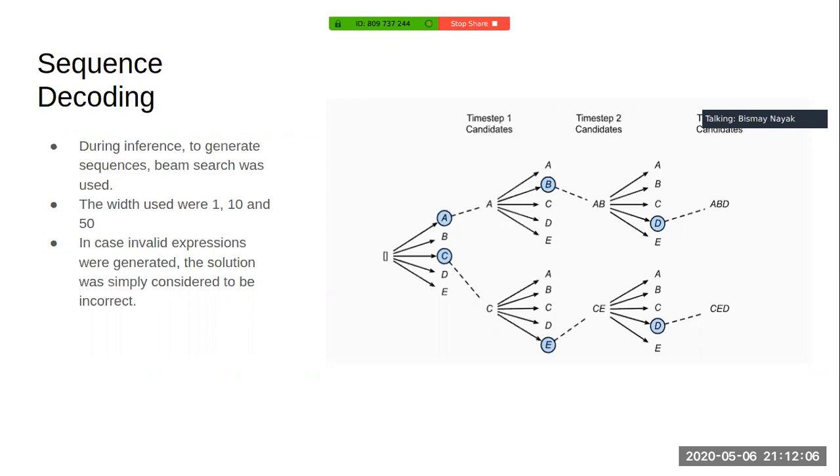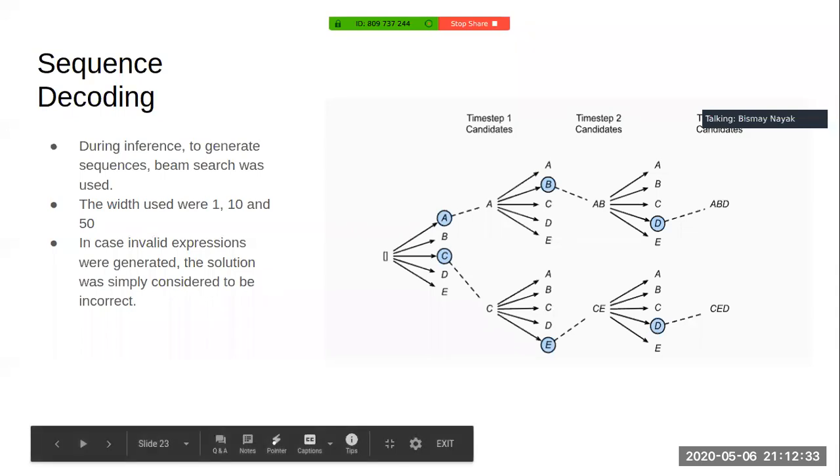So we only choose two tokens, A and C, and calculate what the next token should be. For A, we calculate the log likelihood of the next tokens, and I guess B would be the one with the highest score, and for C, E would be the one with the highest score.